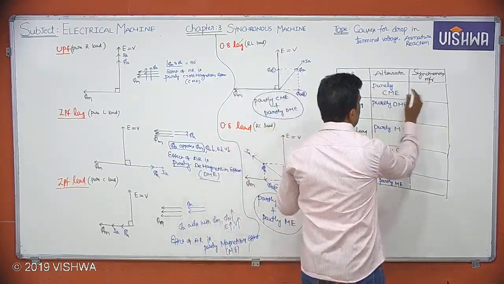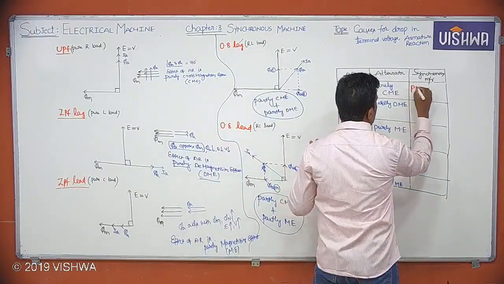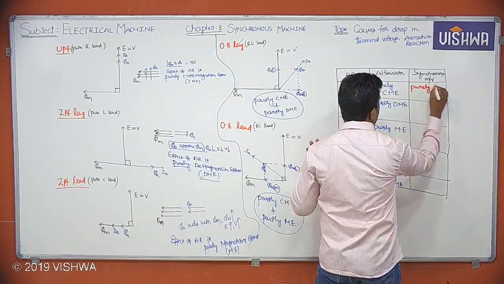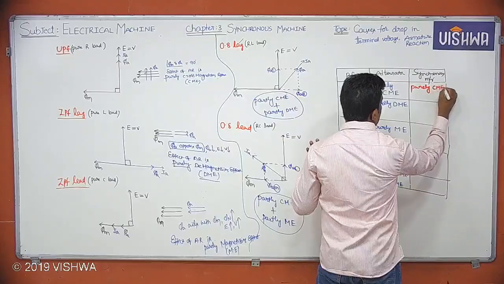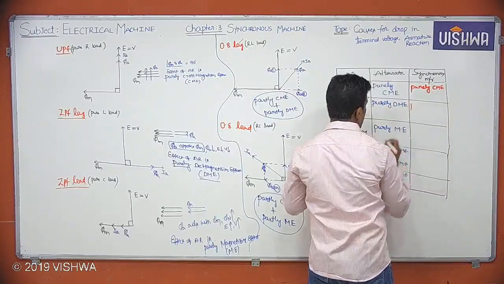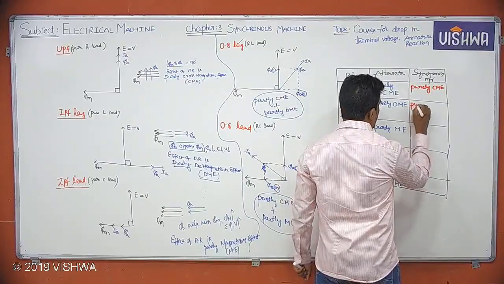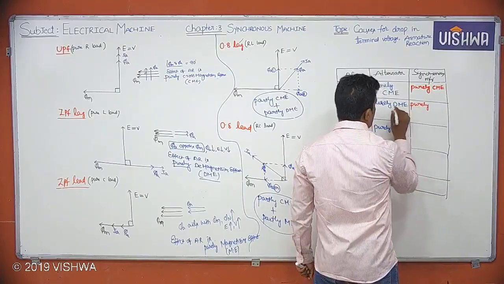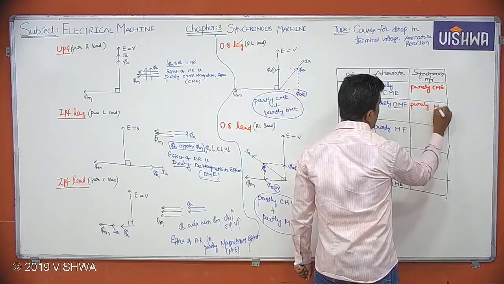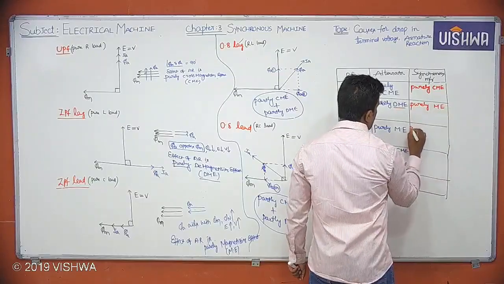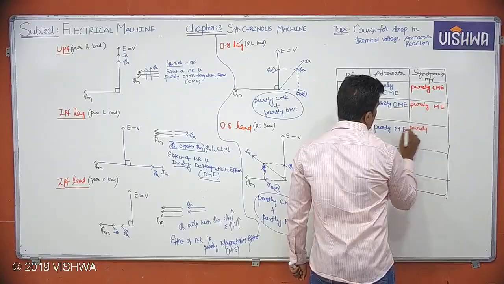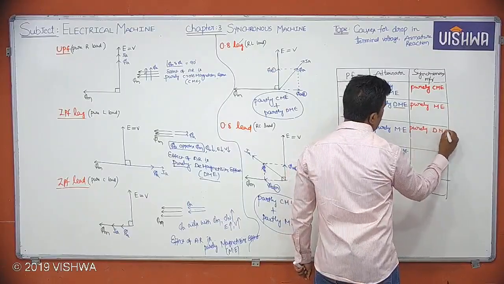So purely CME, yes, let me write here purely. I told you wherever CME is there, you write CME only. Here purely DME should be replaced with ME. Next, here purely ME is there, so I write DME.